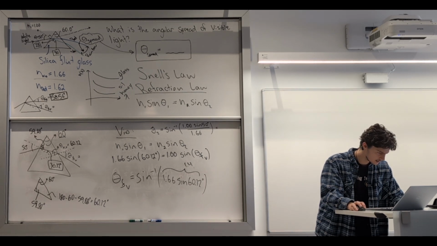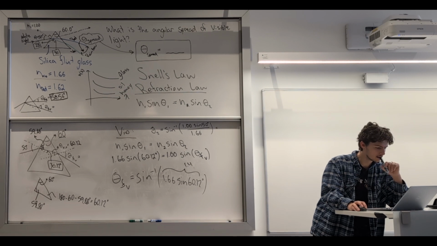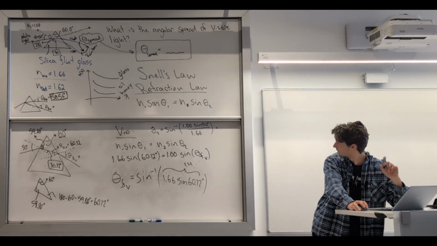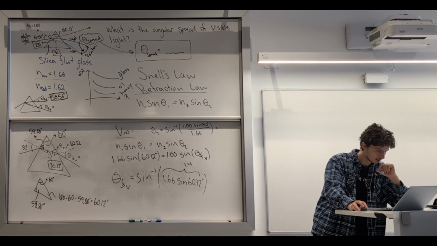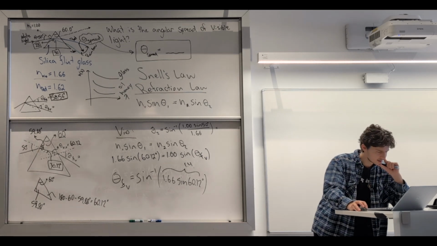Let me erase that. It's not letting me do the divided by outside the sine because I'm using kind of a goofy calculator here. Okay, I'm just going to do sine of 50 degrees, close bracket, divided by 1.66.